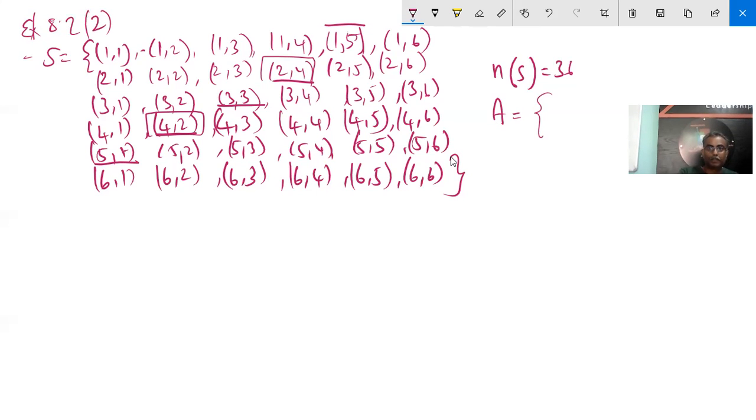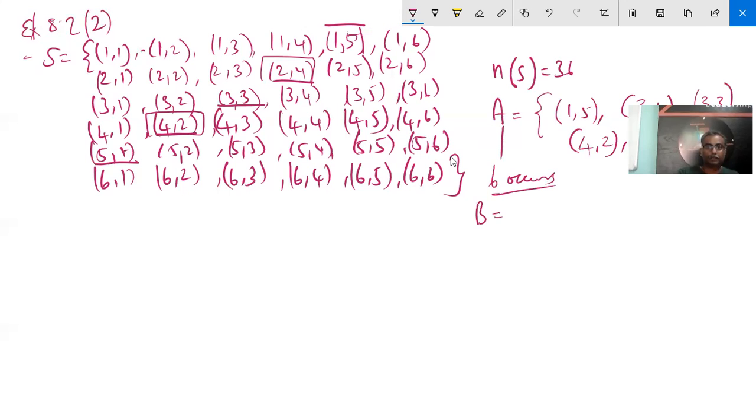Now all the numbers where the sum is 6: 1,5, 2,4, 3,3, 4,2, 5,1. Event 6 occurs. This is the event.